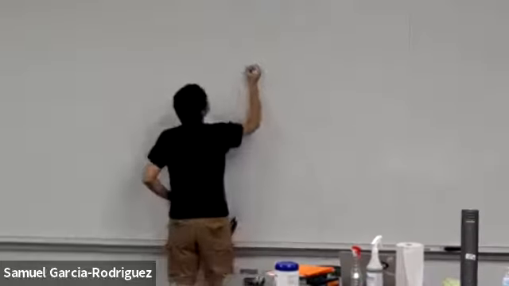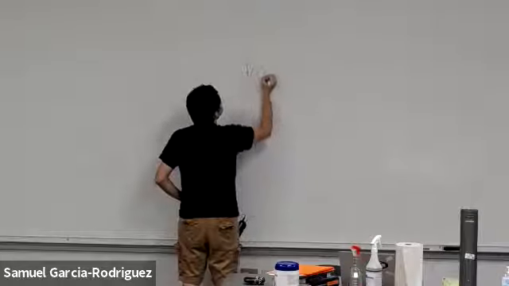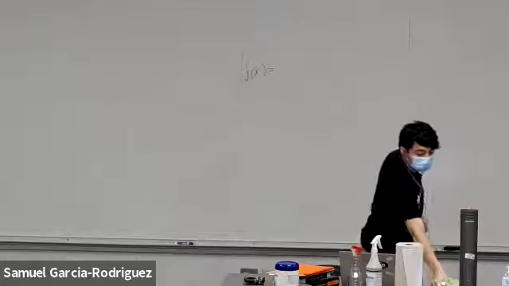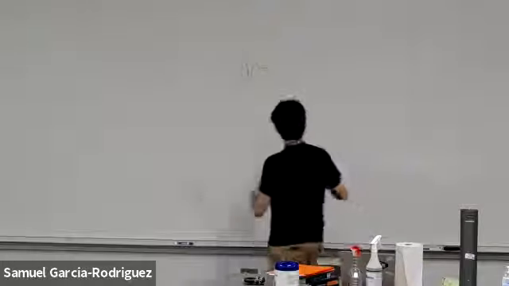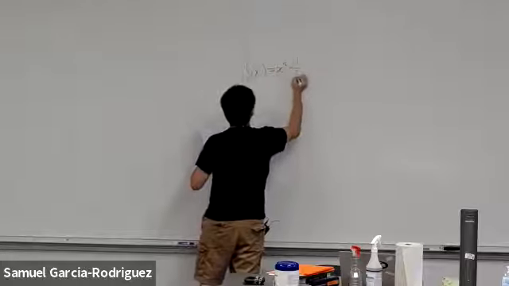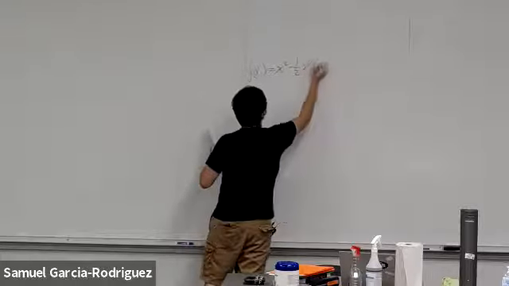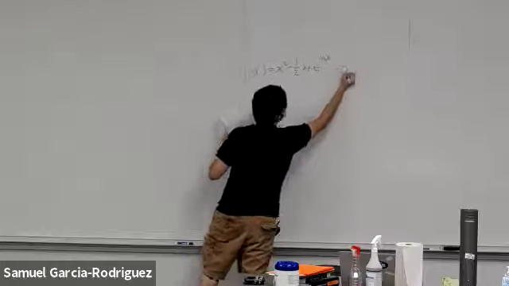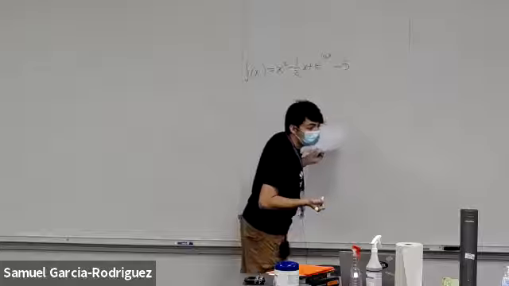So the next one is: take the derivative of this function. x squared minus 1/2 x plus e to the 1/2 x minus 5. Can you see that? I think you can.